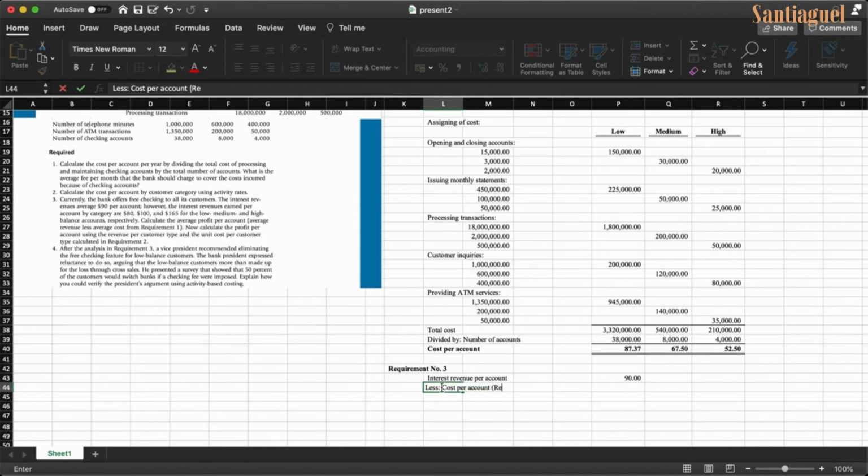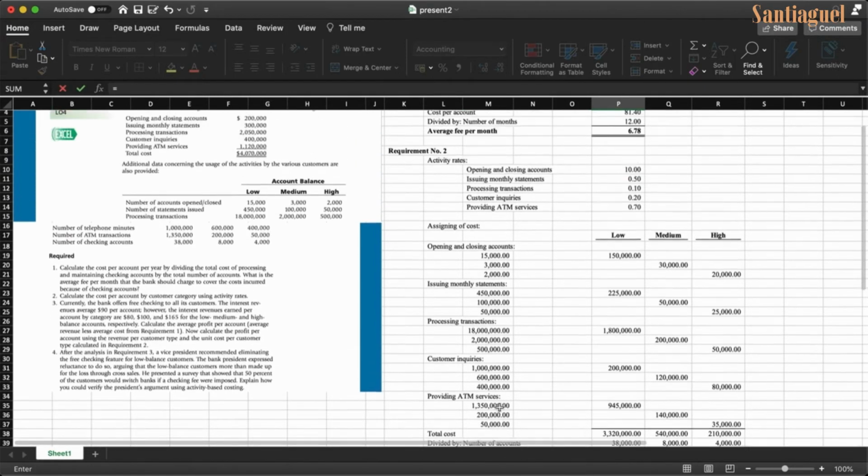As for the third requirement, we will compute first for the average profit per account through getting the difference between the given interest revenue per account of 90 and the cost per account per year computed in the first requirement.